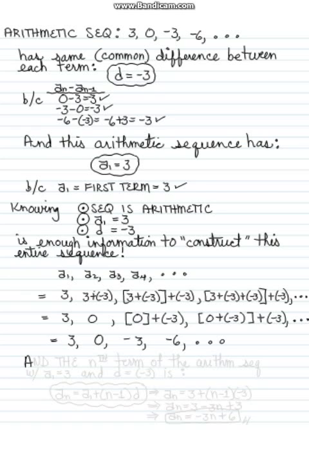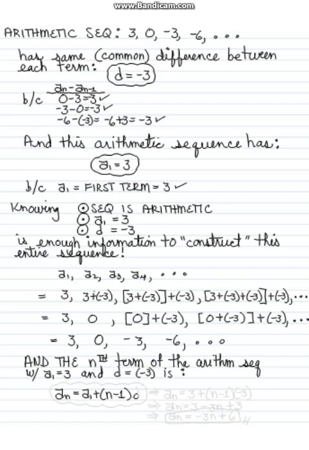Okay, they also say they want us to find the nth term of the arithmetic sequence, the one that they gave us where the first term a sub 1 is equal to 3 and the common difference d is negative 3. Well, the good news is for arithmetic sequences we have a formula for the nth term. A sub n equals the first term a sub 1 plus parenthesis, the index n minus 1, close parenthesis, and multiply that by the common difference.